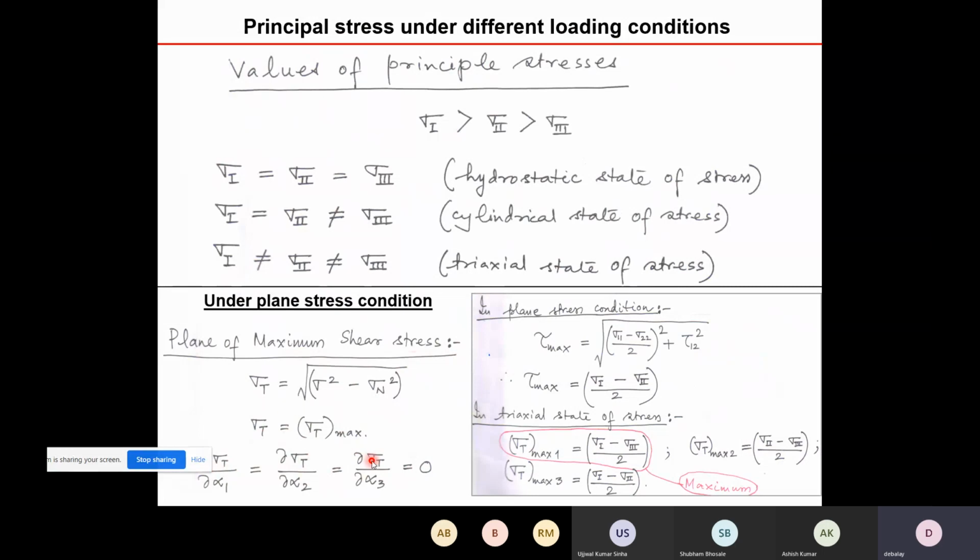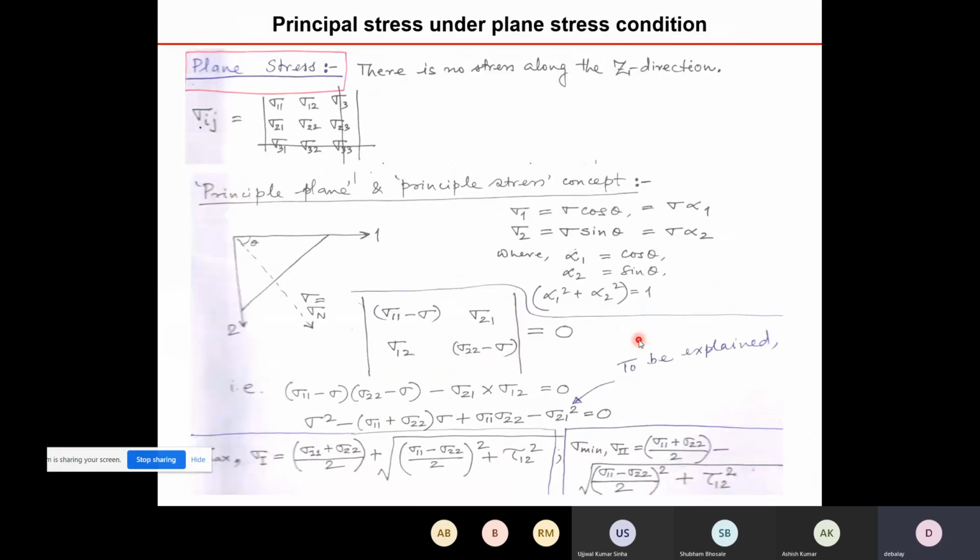If you do this, you will find an interesting result: the magnitude of the maximum shear stress will be the square root of ((sigma 11 minus sigma 22)/2) squared plus tau 12 squared. That means the principal stress expression has 2 parts. The second part, the square root of ((sigma 11 minus sigma 22)/2) squared plus tau 12 squared, is the value of the maximum shear stress.